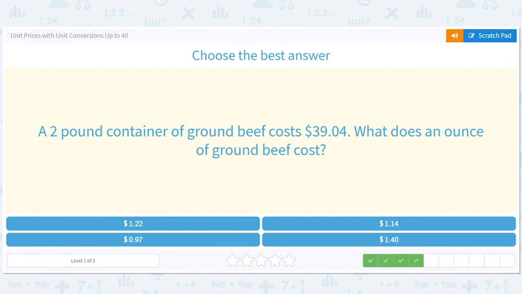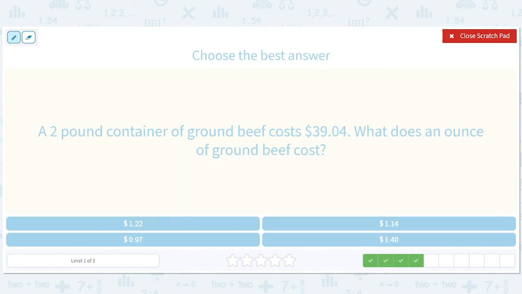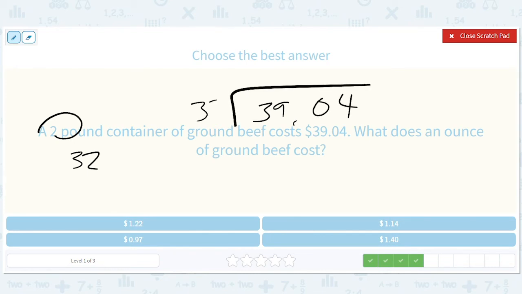A 2-pound container of ground beef costs $39.04. What does an ounce of ground beef cost? Okay, so we'll just go ahead straight to it. 2 pounds times 16 ounces in a pound is 32. So since 2 times 16 isn't so bad, we'll just do it all in one step. So we'll do 39.04 divided by 32 ounces in all.